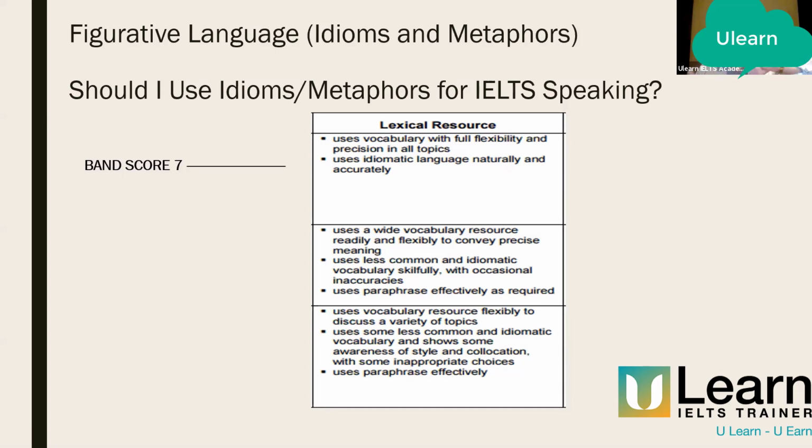That means that you can use vocabulary not only for some specified ideas or topics that you've remembered, but you have a range of vocabulary that you can apply to different topics during the same test over the 3 parts. And then you see up on band 7 again here, uses idiomatic language naturally and accurately. So what you're saying here is that you're using this very much like a native speaker might use it.